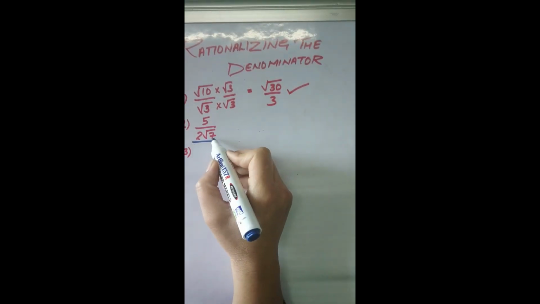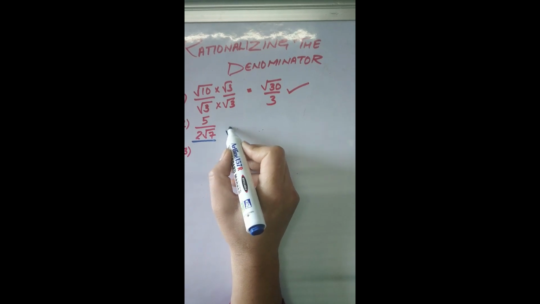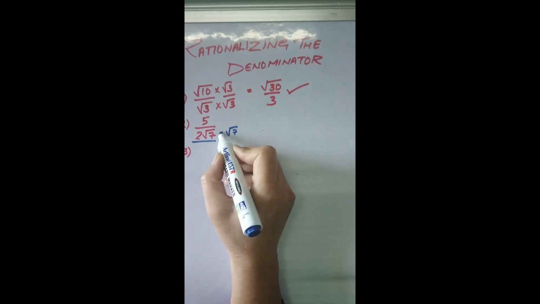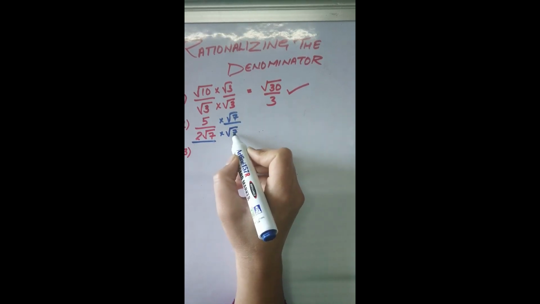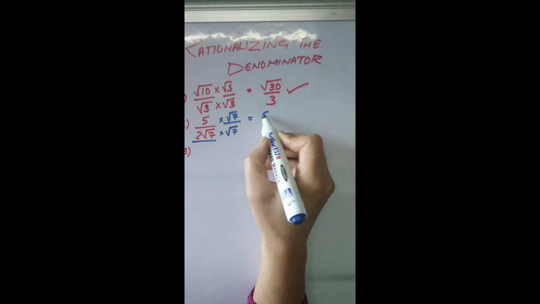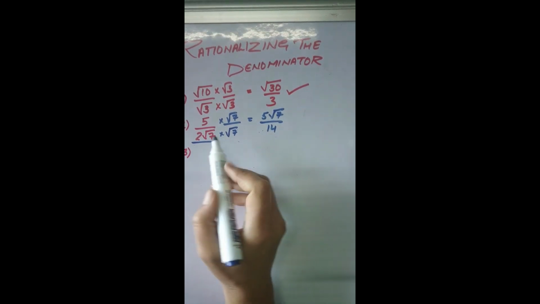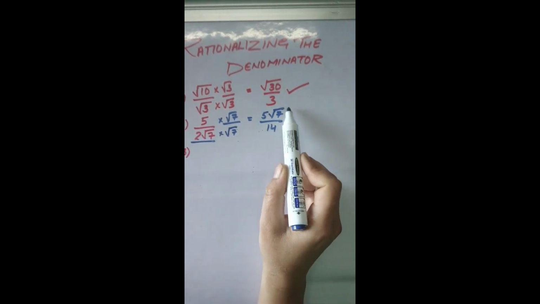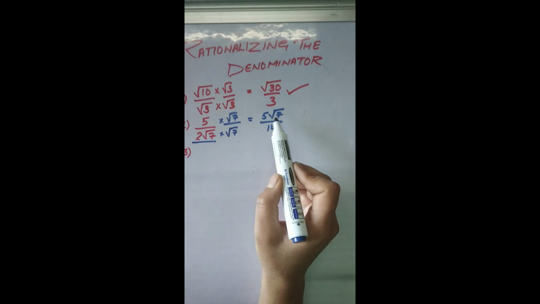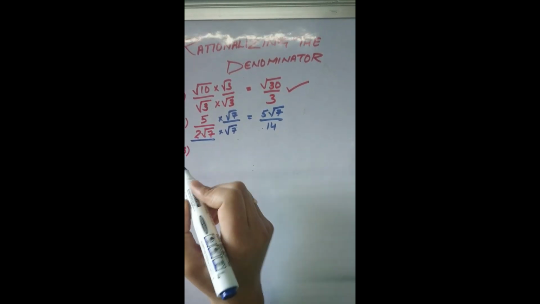But why multiply with 2 root 7 when the problem can be solved with a simpler factor, which is root 7? We can simply multiply with this. This will become 5 root 7 over 14. If you had multiplied with 2 root 7, your final answer would have come to this only. You may check it. It would have added one extra step.